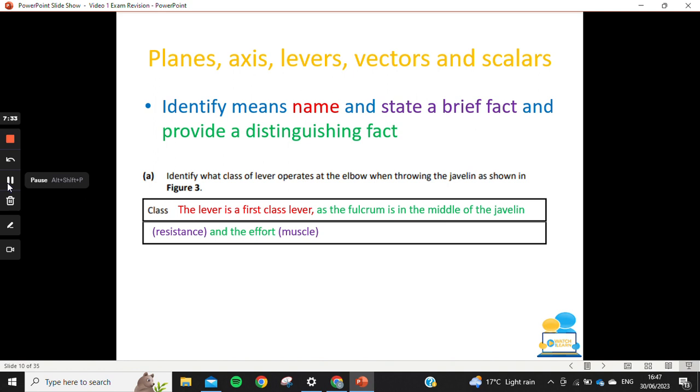And there we are providing the name, we are stating brief facts, and we are identifying the resistance and the effort, and also providing distinguishing facts showing that we know why it's a first class lever, as well as just putting down that it is a first class lever.